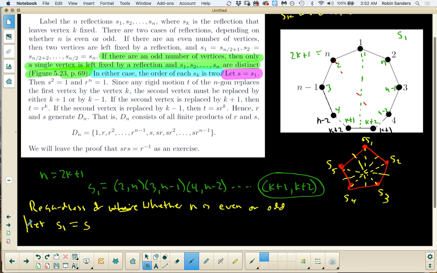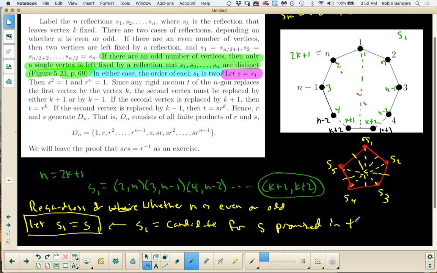And all we're doing is we're saying we've got a candidate for S. S1 is our candidate for the S promised in the theorem.